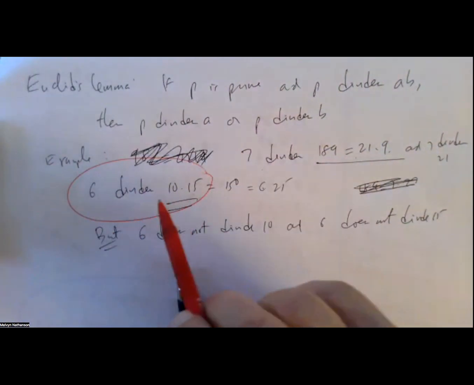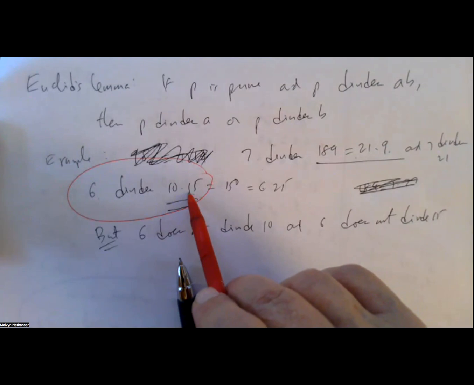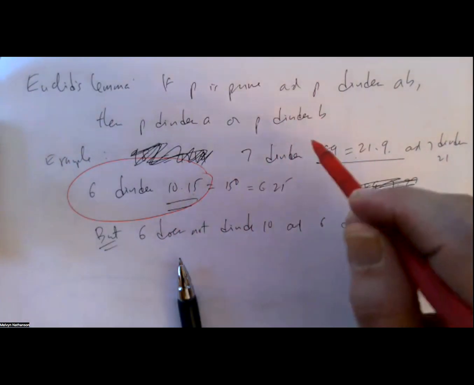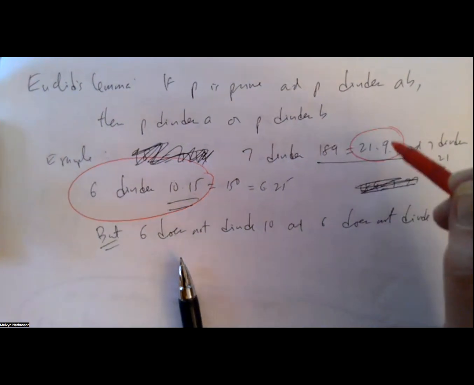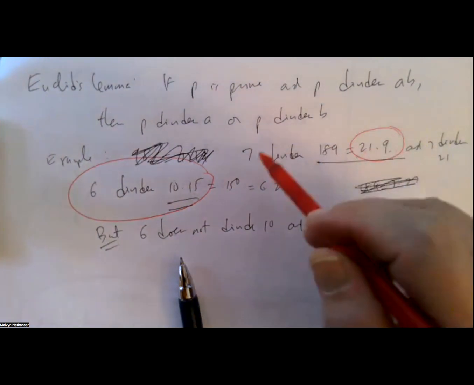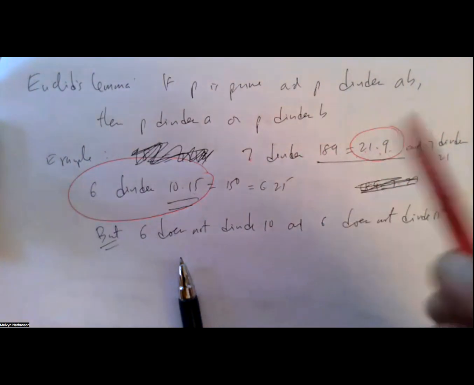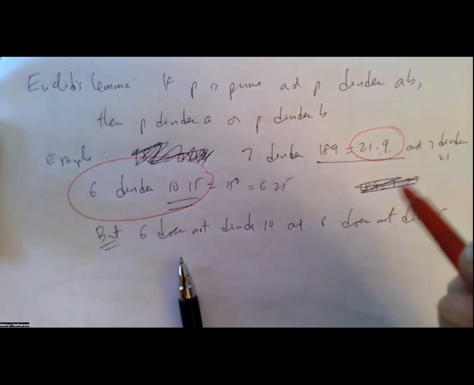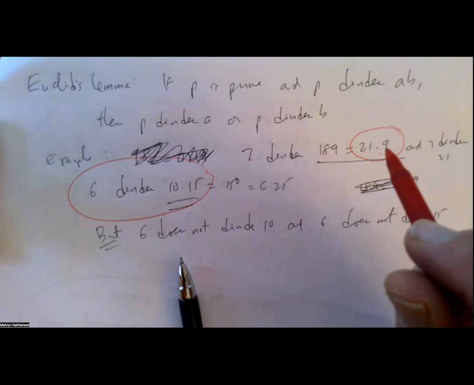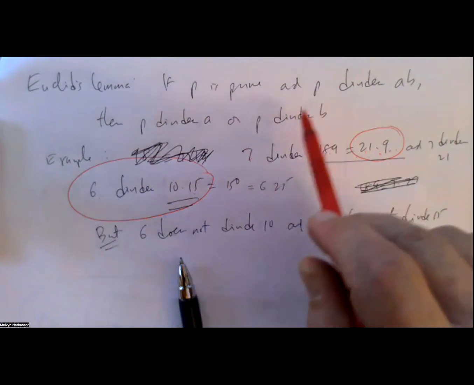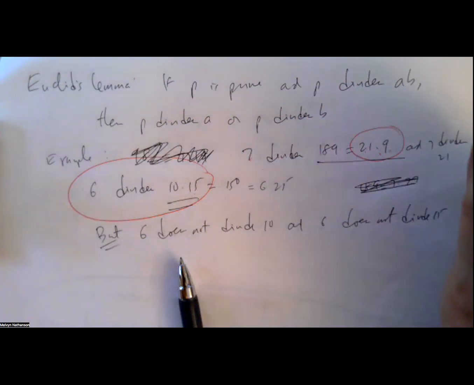So here I have 6 dividing a product of two numbers, but it doesn't divide either one of them. Here, 7 divides a product of two numbers, and because 7 is prime, it has to divide one of them. So this is a fundamental property of prime numbers: if a prime divides the product of two numbers, it has to divide one of them.